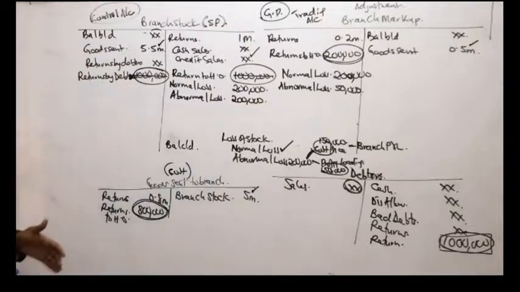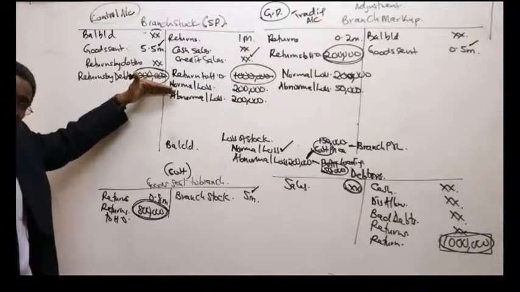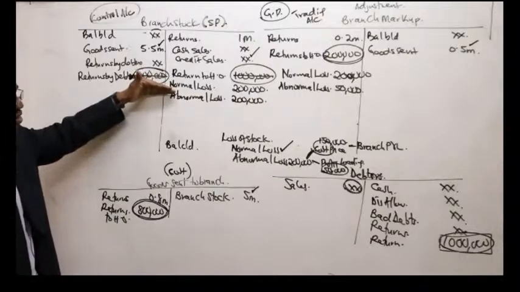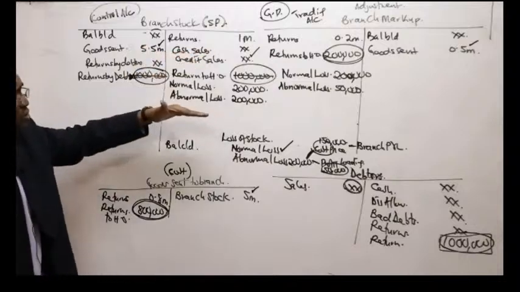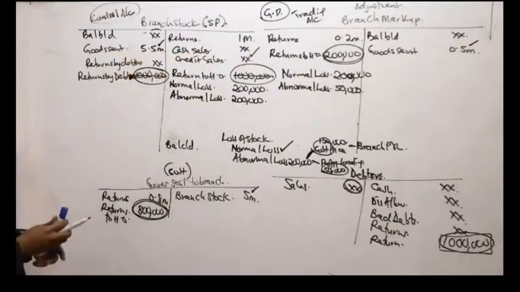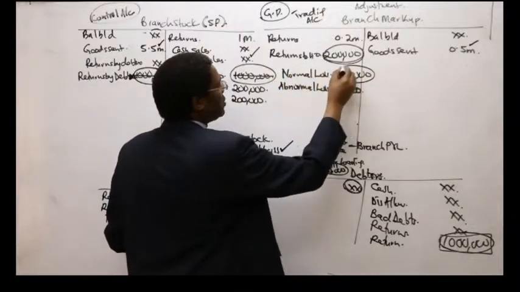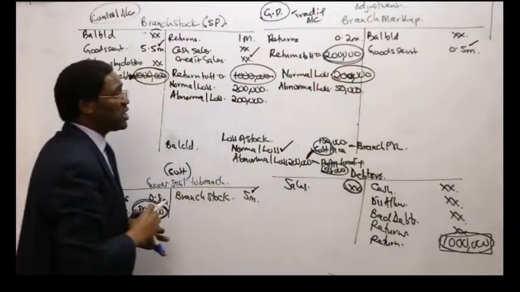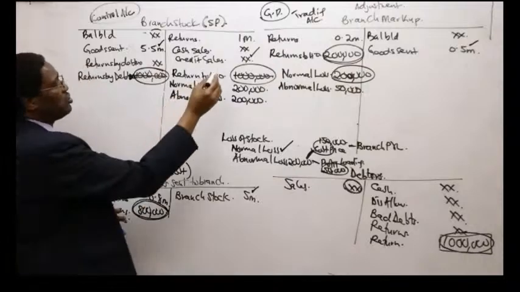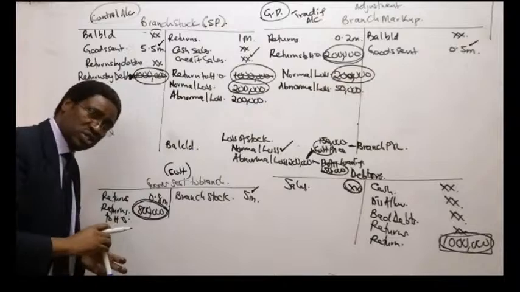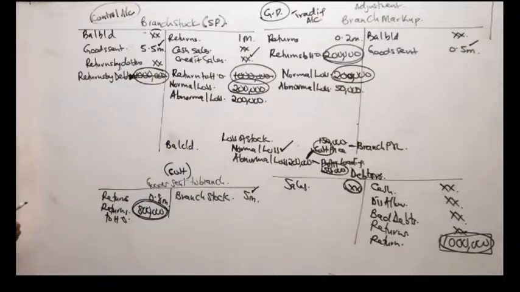So if it's a normal loss, you don't separate the selling price between the cost and the profit. For the normal loss, you as head office suffer all of it, by debiting the branch markup with the selling price of the normal loss, and you credit branch stock. And if it's an abnormal loss, that's what we are trying to emphasize, you split it.